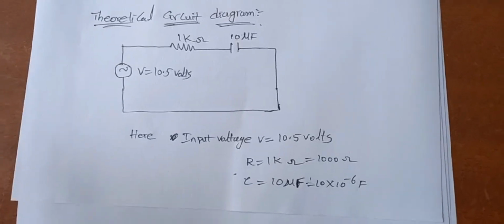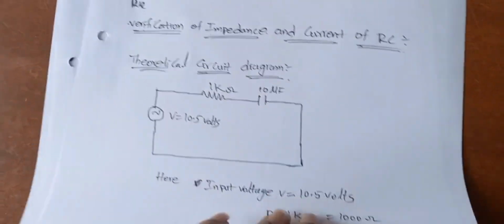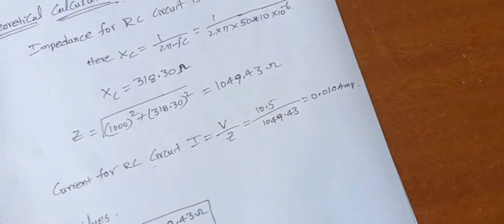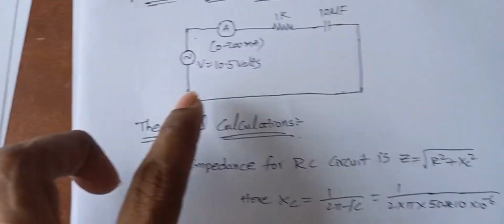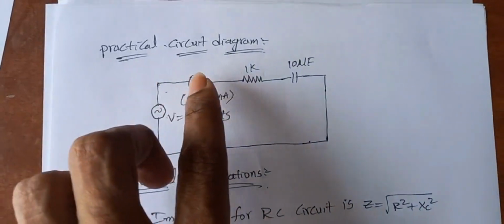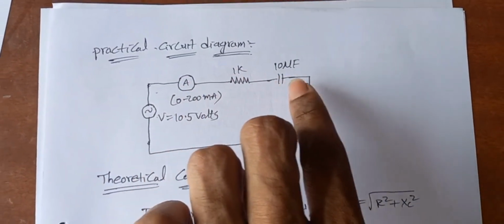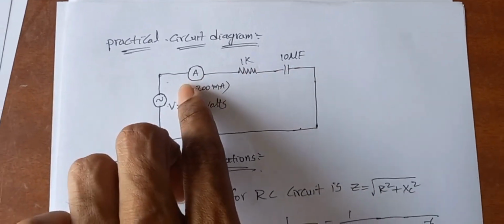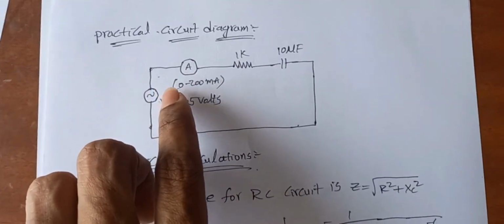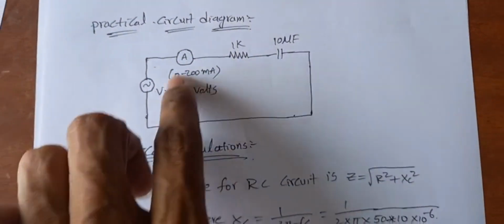For capacitance, the XC value is completely different. This is the theoretical circuit diagram and this is the practical diagram. Same as previously, we take one ammeter in series with resistance and capacitance for measuring the current flowing through this circuit.